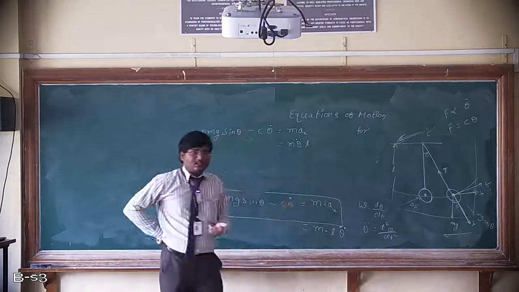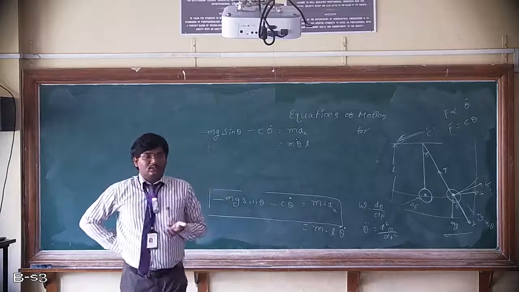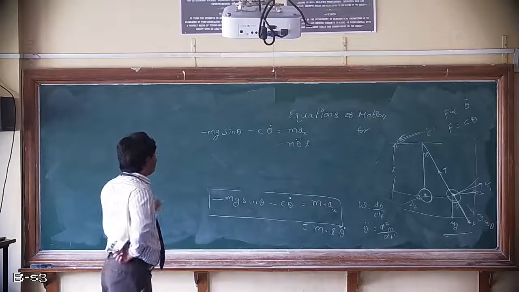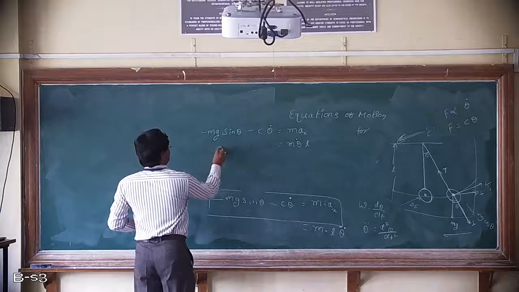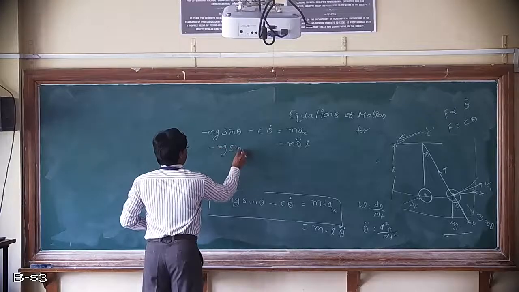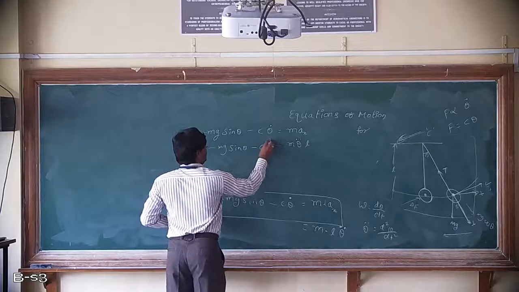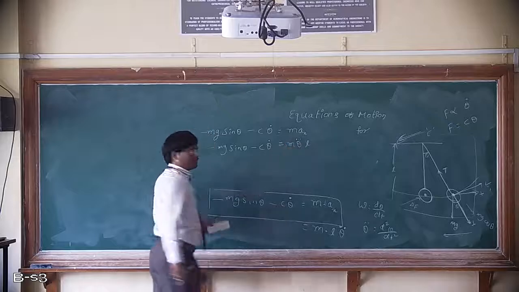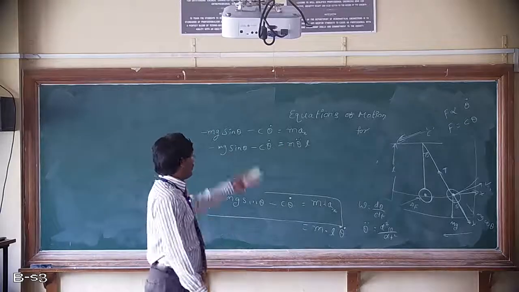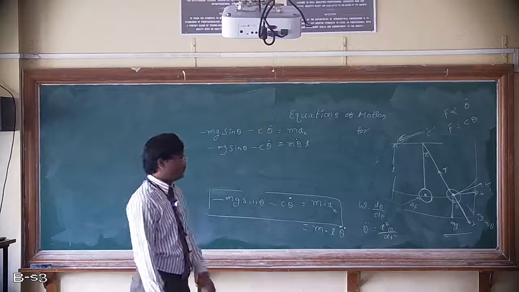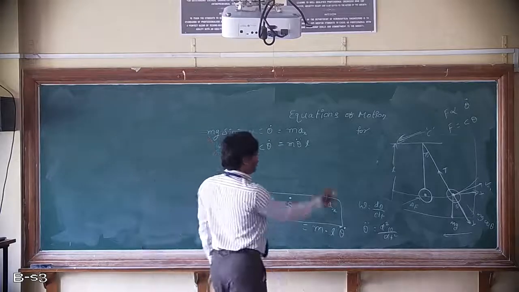That is what we need. So here we have a second order differential equation. If you solve this second order differential equation, you can analyze the motion of simple pendulum.